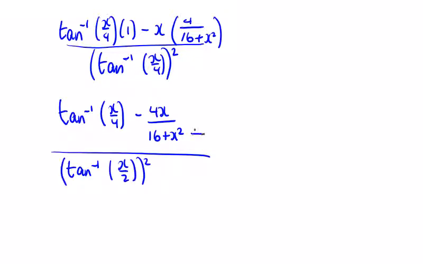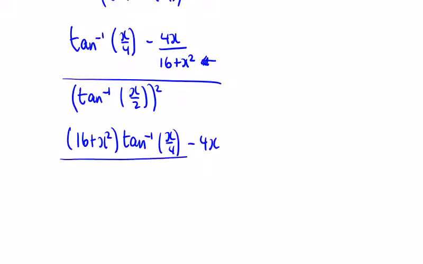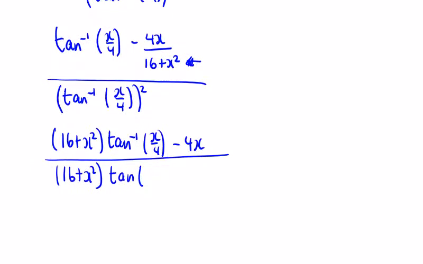And if we multiply everything by 16 plus x squared, we're going to get 16 plus x squared times the inverse tan of x over 4 minus 4x on top, all over 16 plus x squared by the inverse tan of x over 4, all to be squared on the bottom.